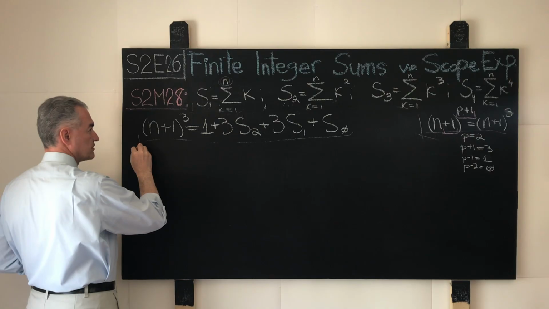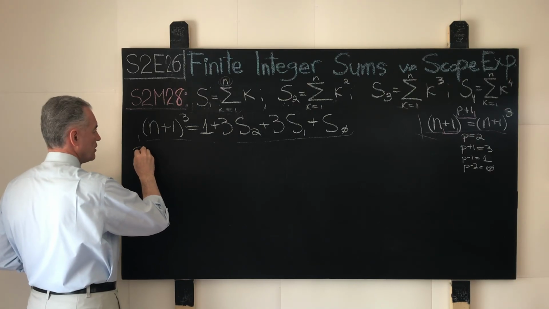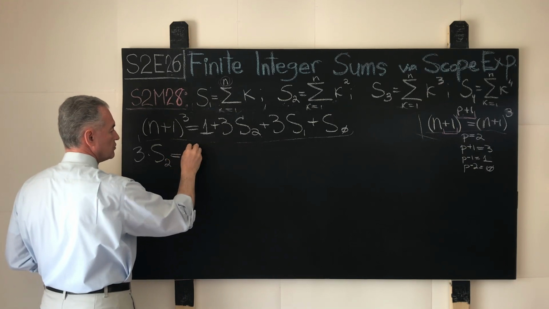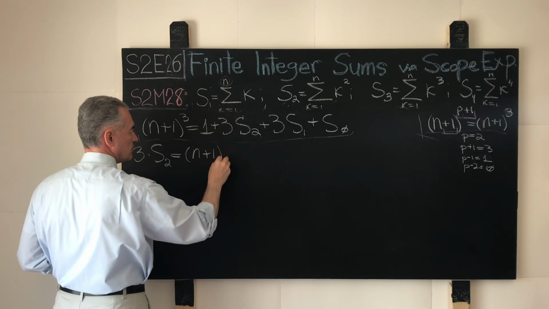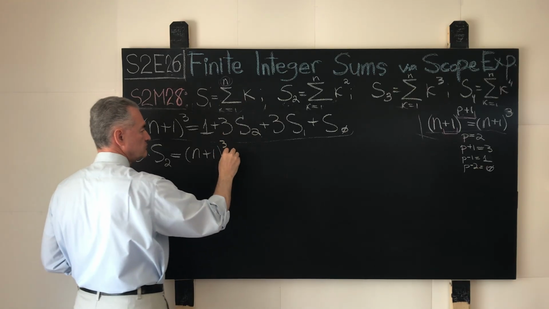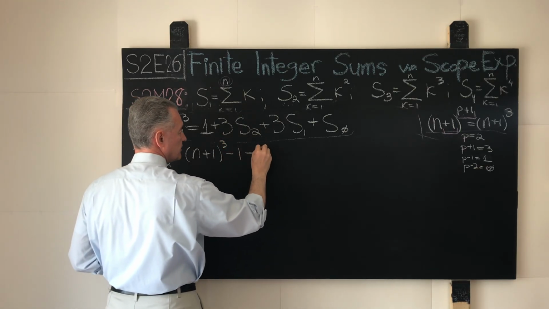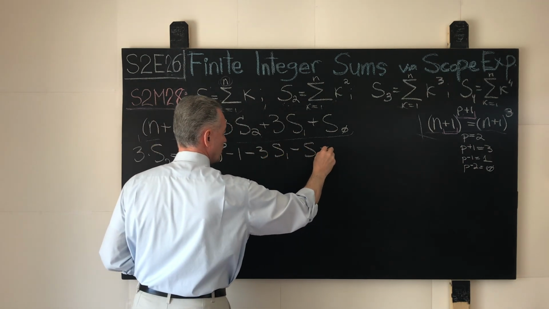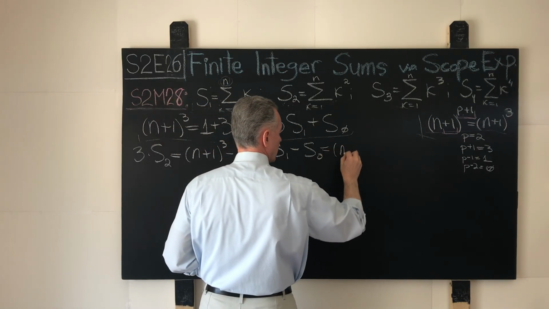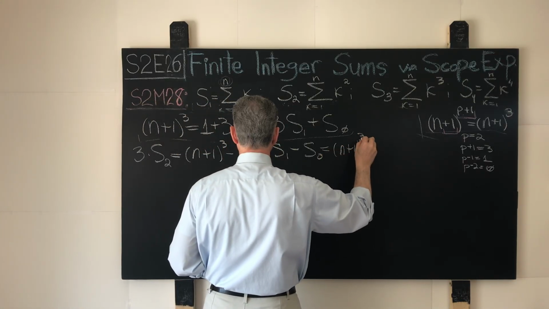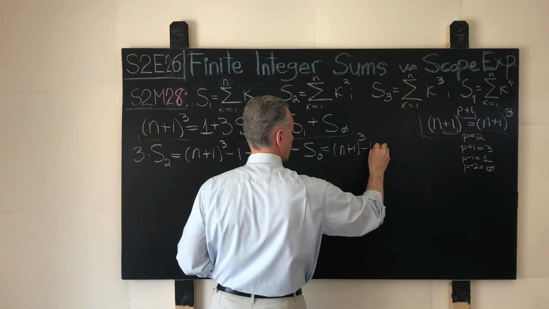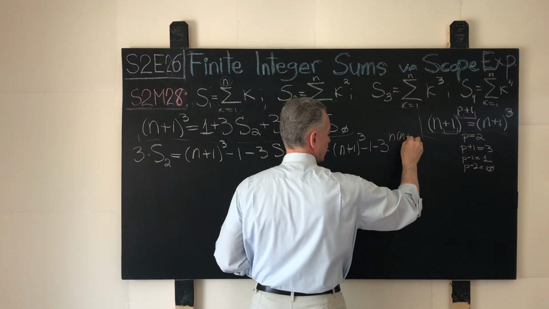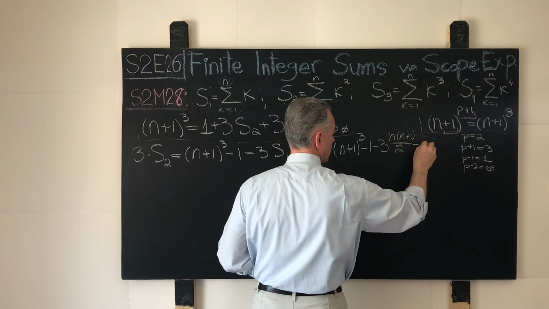We shall have as such, 3 times S2 is equal to (n+1) cubed minus 1 minus 3 S1 minus S0, which is (n+1) cubed minus 1 minus 3 times n(n+1)/2 minus n.